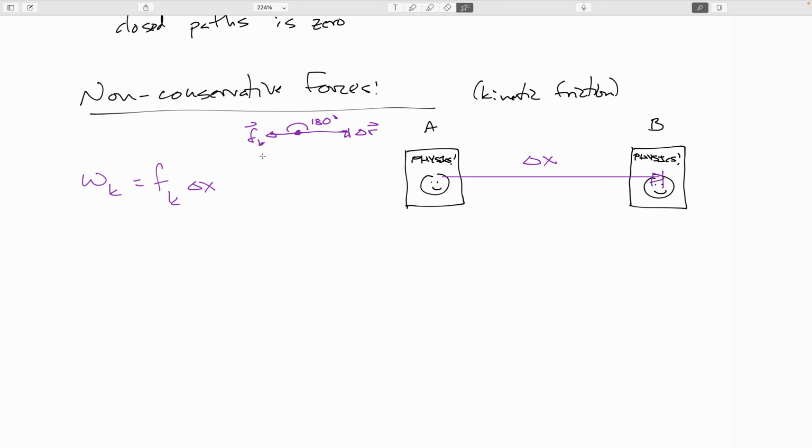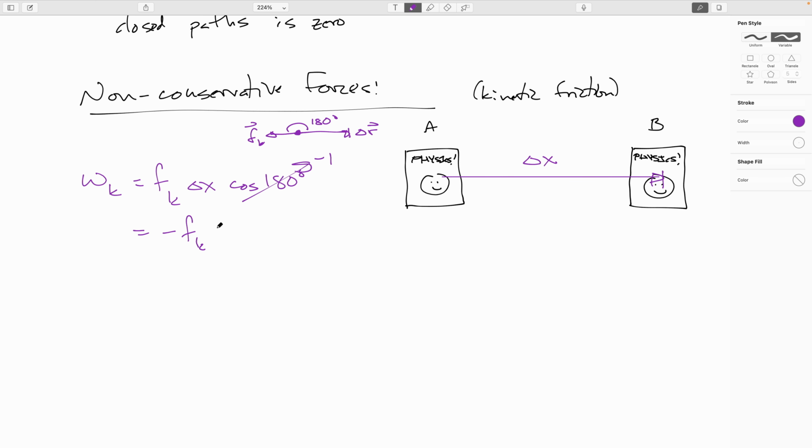So then the work done is the force of kinetic friction times my delta x times the cosine of 180 degrees, which is -1. So the work done along the purple path is minus the force of kinetic friction times delta x.